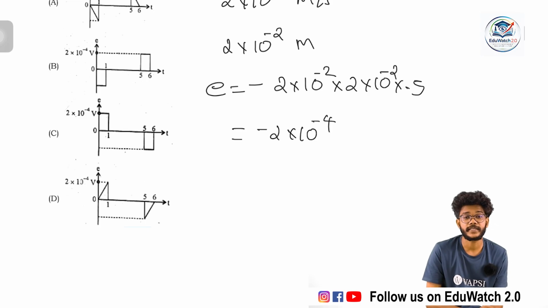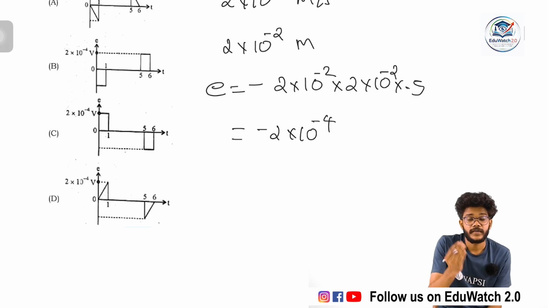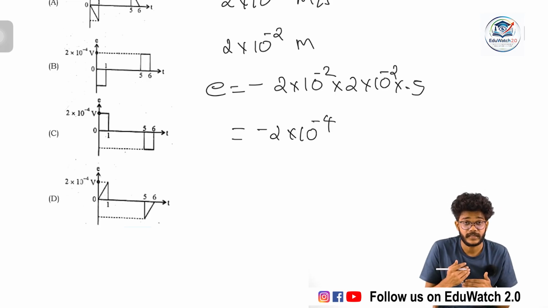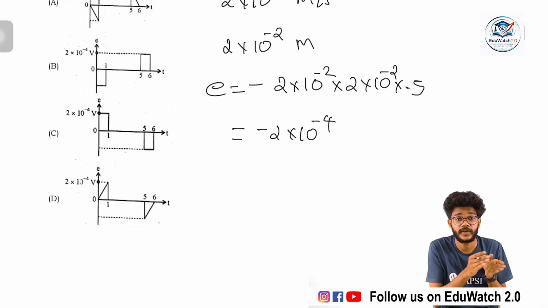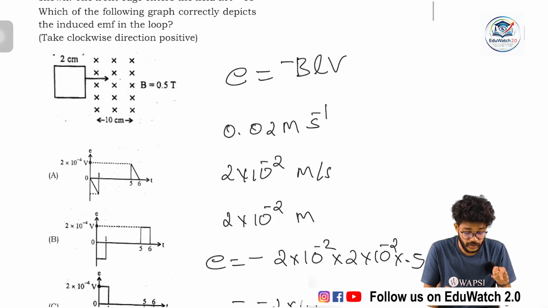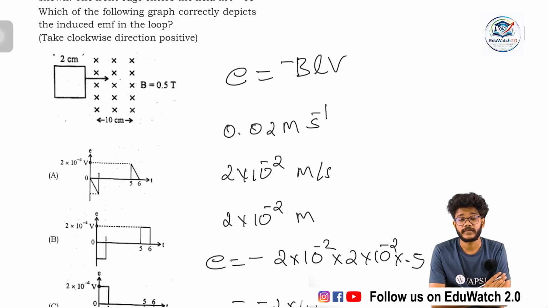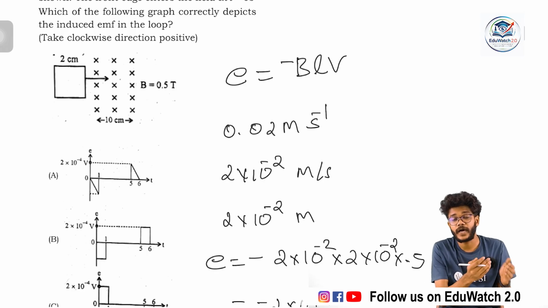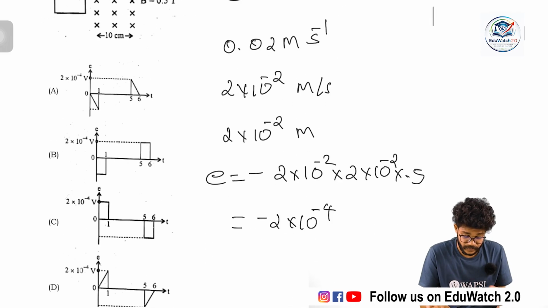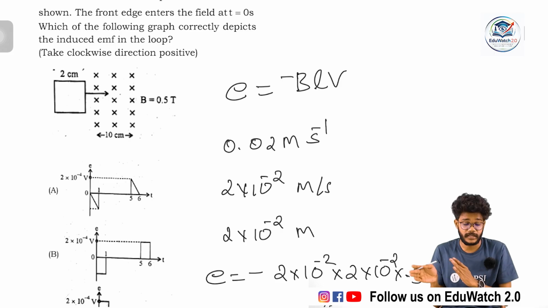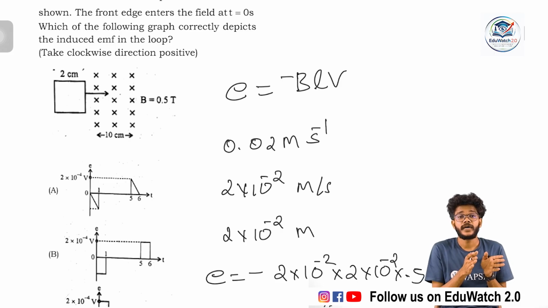That means it is a negative quantity. When the square loop moves out of that area, the induced EMF suddenly changes to 0.